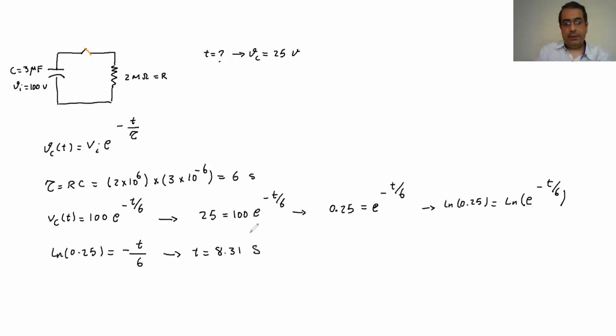So basically after I close the key, it takes about 8 seconds until the voltage in the capacitor drops from the initial 100 volts to 25 volts.